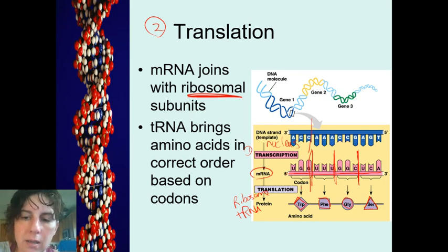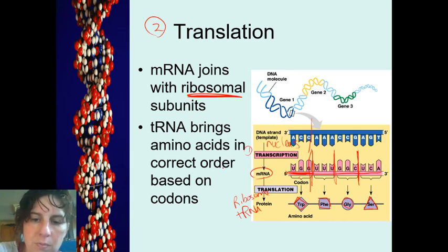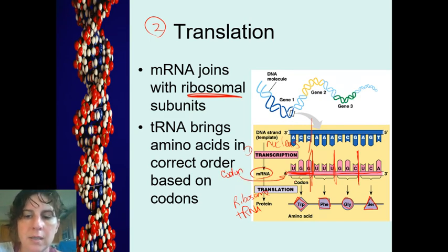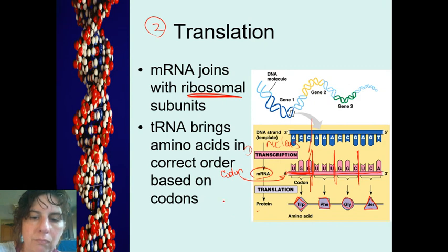So the tRNA then has to bond with this code that you see on messenger RNA. So once again, this is called a codon. Each of these groups of 3 is a codon, right? Those groups of 3. These codons have to bond with an anticodon on tRNA.